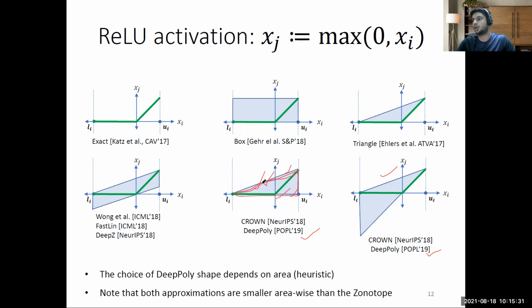So my neuron should be less than some relational constraint and greater than this relational constraint. This was our motivation for defining DeepZono, and similarly, in this case, you have upper and lower relational constraints. So this was our broad motivation behind defining the ReLU transformation with respect to DeepPoly.